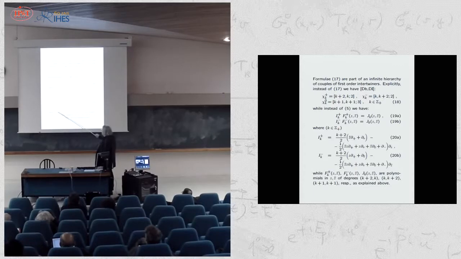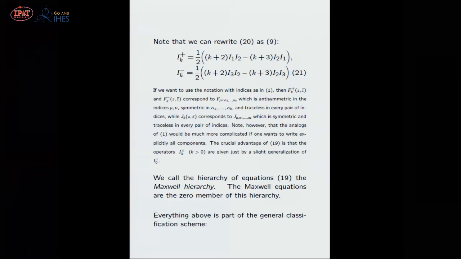For instance, f_k is a polynomial in z, z bar of degree k plus 2 and k, and so on. Now, if you want to write this with indices, the f_k would be, maybe I have it on the next slide. Yes, I have it.